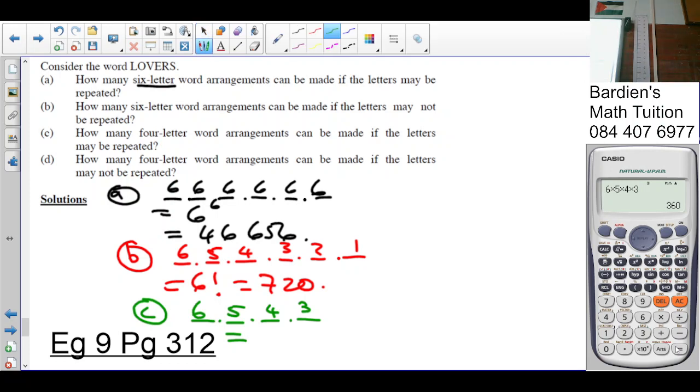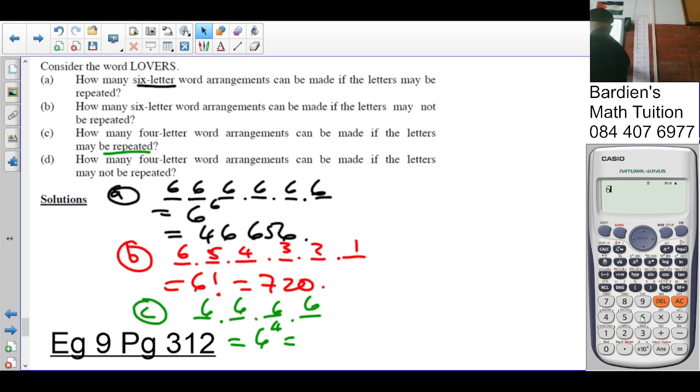No. If the letters may be repeated, that is incorrect. It's 6 times 6 times 6 times 6, which is 6 to the exponent 4. So that gives you 1,296.